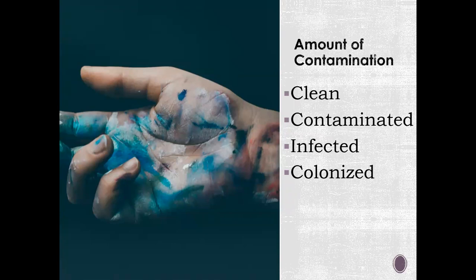A colonized wound has one or more organisms present on the surface when we do a wound swab, but there's no overt sign of an infection of the tissue or below the surface. Colonization is very common in your chronic wounds, and they think that this is what's contributing to the body not being able to heal it and what's delaying it.